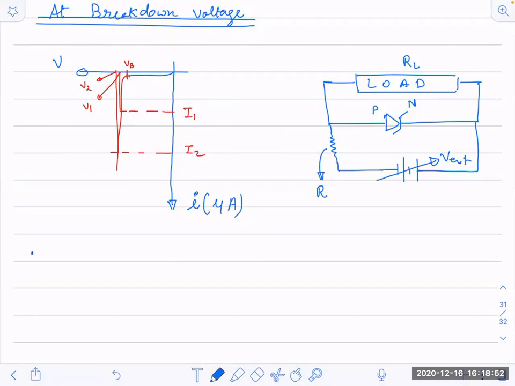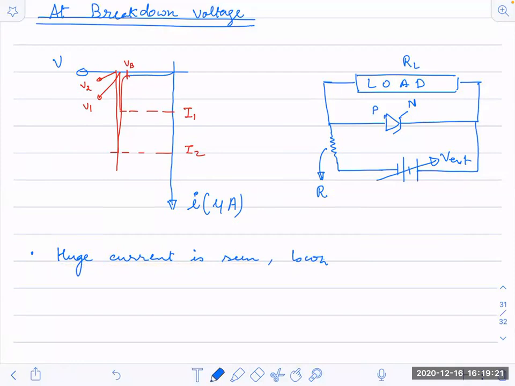So what I can say is that a huge current is seen here when the diode goes into the breakdown region. So at breakdown voltage, huge current is seen. Now see this, if the huge current is seen, what about the resistance of the diode?